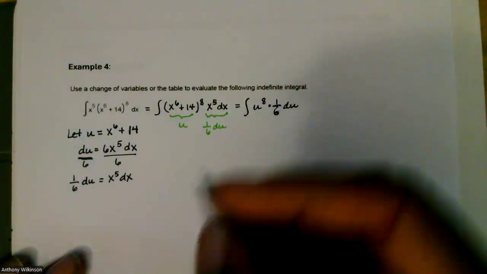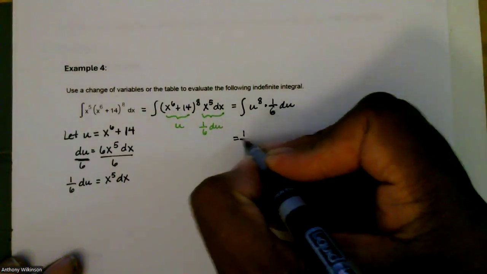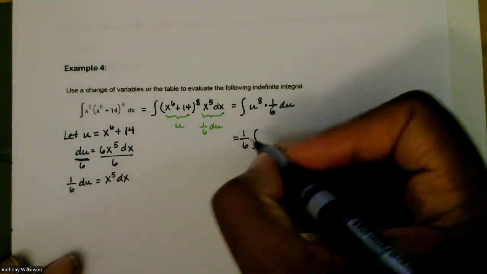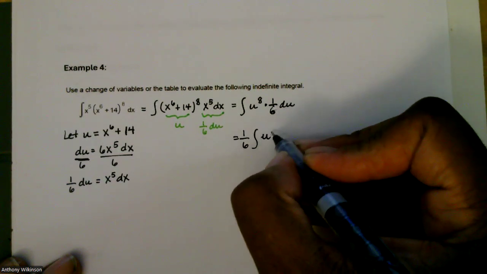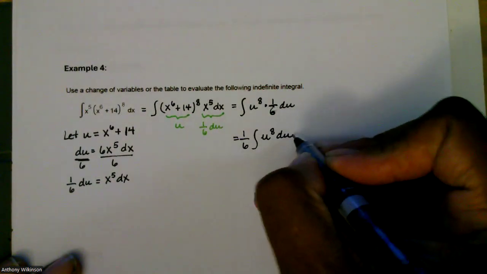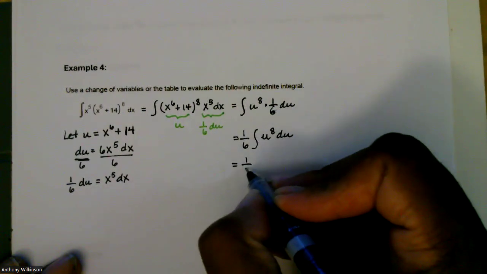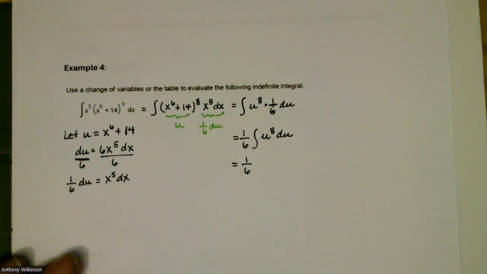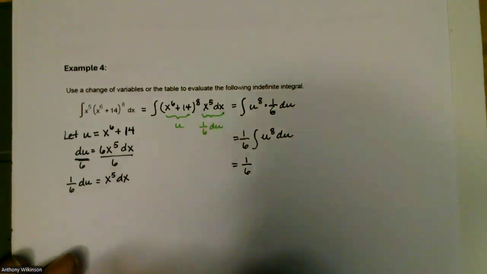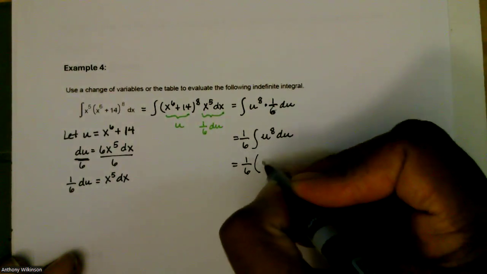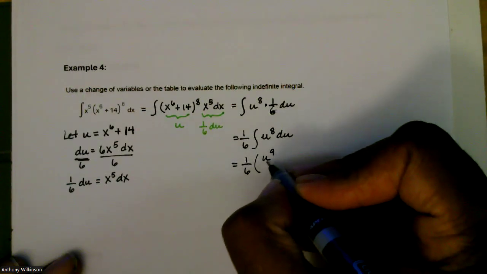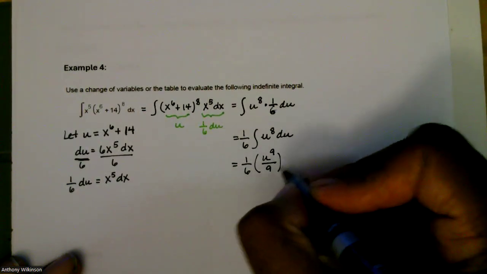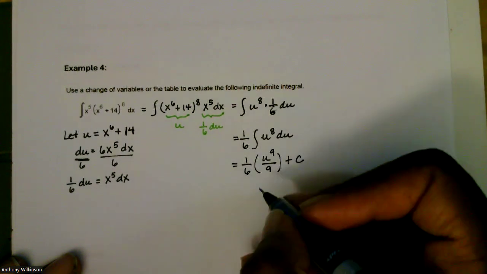Now the 1/6 is a constant, so I can pull the constant out in front of the integral sign. So it'll be 1/6 times the integral of u to the 8th du. So bring down the 1/6. And then to take the integral of u to the 8th, we increase the power by 1 and divide that by that new exponent. So it'll be u to the 8 plus 1, that's 9, divided by 9, and then plus c.